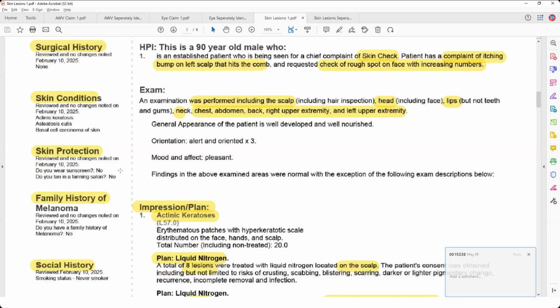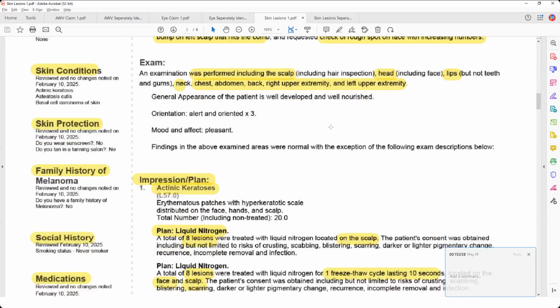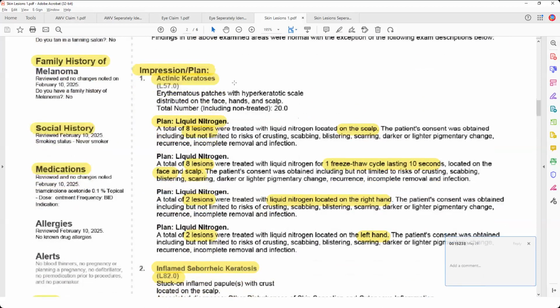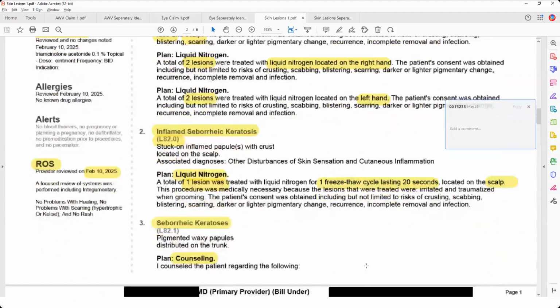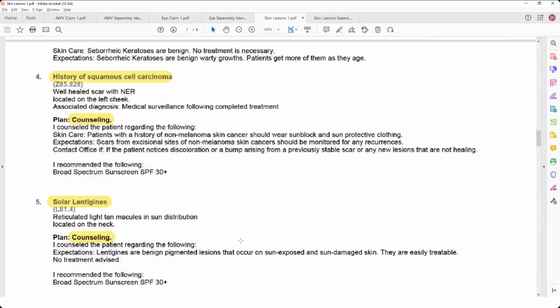So the examinations were performed and included his head, his face, his lips, his chest, his neck, right upper extremities, left upper extremities, abdomen, back, and so on. We have some family history, some past medical history, and then what we did with all those skin lesions and the treatment to those skin lesions.